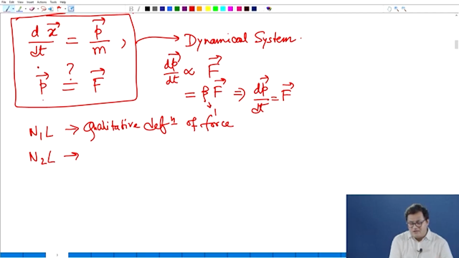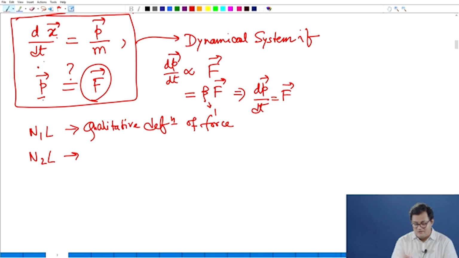Here you see this actually is a dynamical system if there is a condition: it is a dynamical system if I can write this f as a function of p or x or t.